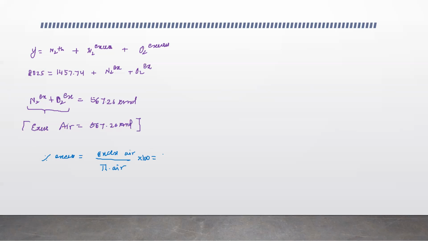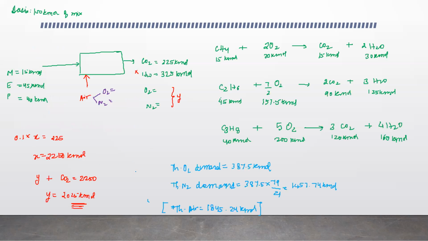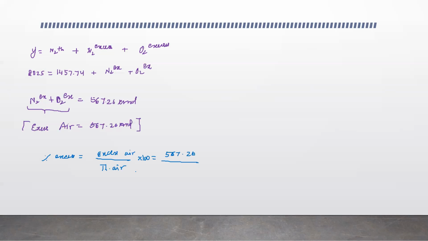Excess air we have got as 567.26 kilomole, and theoretical air we have calculated as 1845.24.